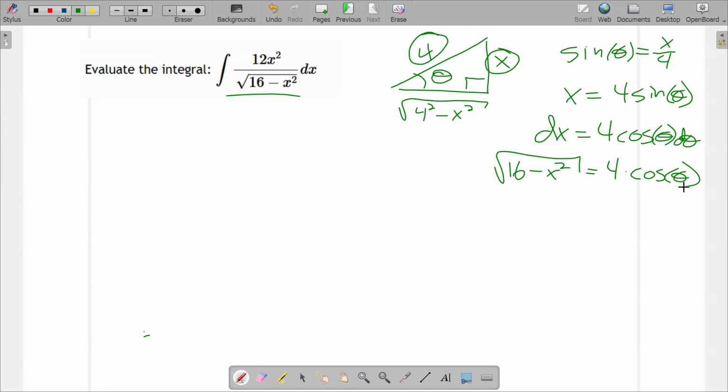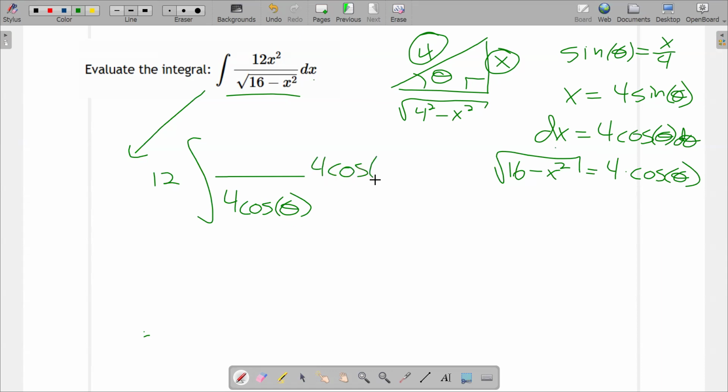And so now I can start subbing out the pieces here. The 12 on top is a constant multiple, so I'm going to pull that out of the integral. The denominator is my 4 cosine, which is the biggest problem here. My dx is also a 4 cosine. And don't forget the d theta.